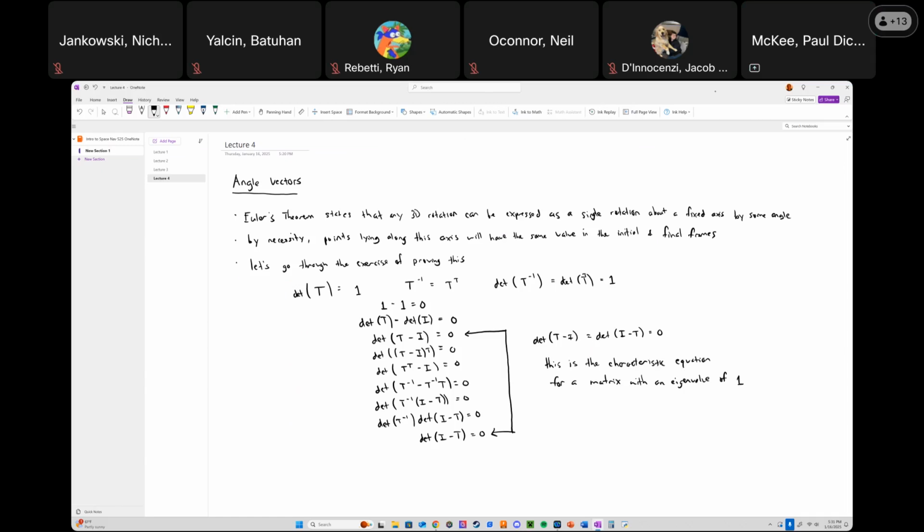So there are, of course, 3 eigenvalues. One of them has to be 1 in this case, just because this is the characteristic equation. We can kind of prove to ourselves that if you were to do eigendecomposition on an attitude transformation matrix, it would have at least one eigenvalue that was 1. So hopefully that makes some sense.